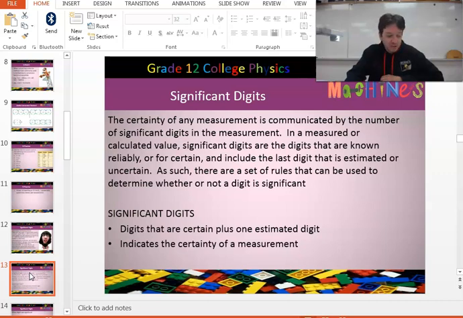If someone were to write 21.1 centimeters and someone were to write 21.13576, well, the second person probably used some really high-tech measuring devices with lasers or something. I don't know. Right? So one's obviously a lot more accurate. So that's what significant digits are.